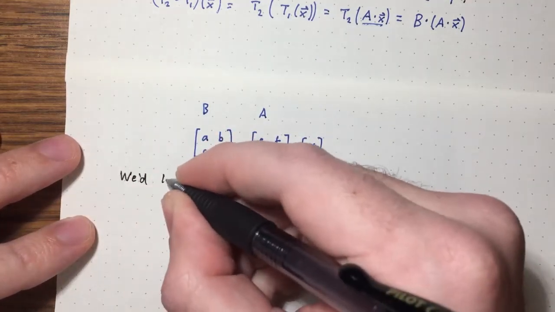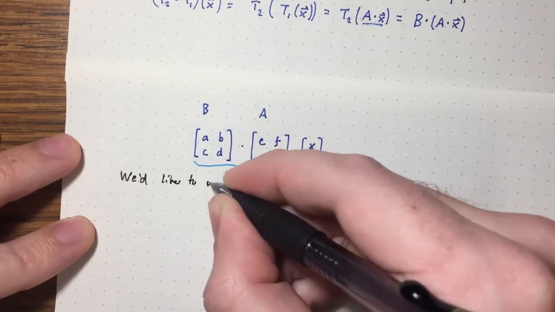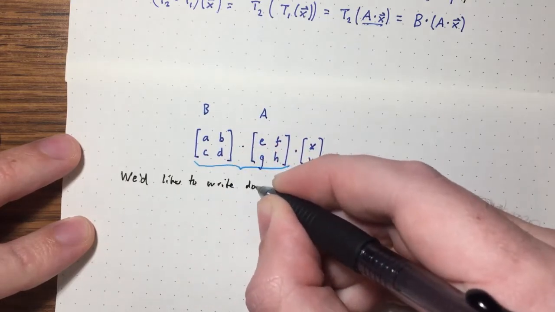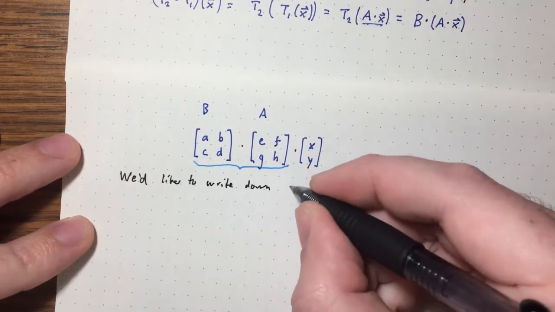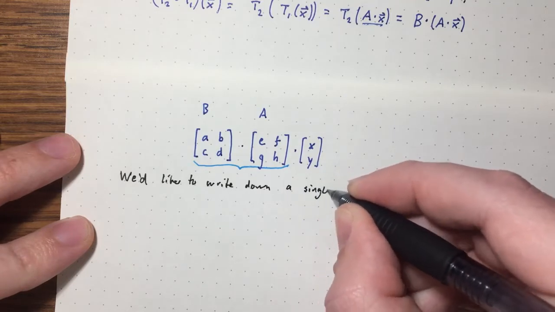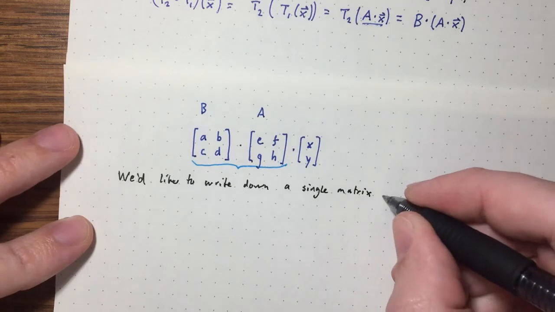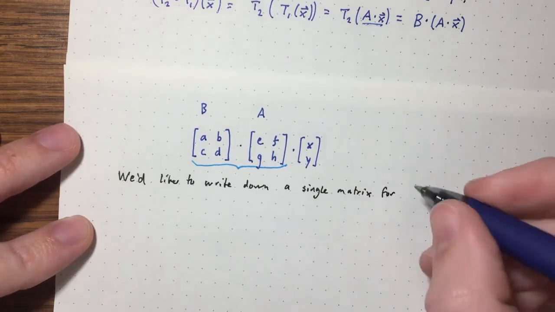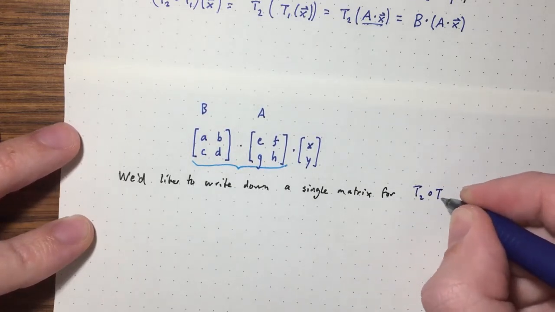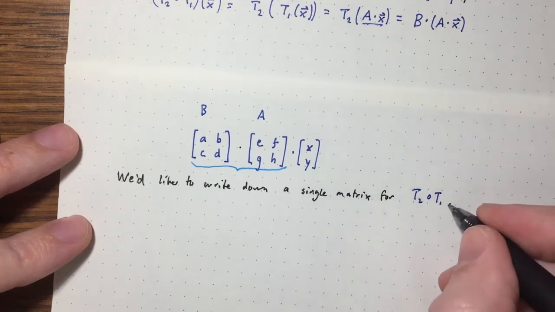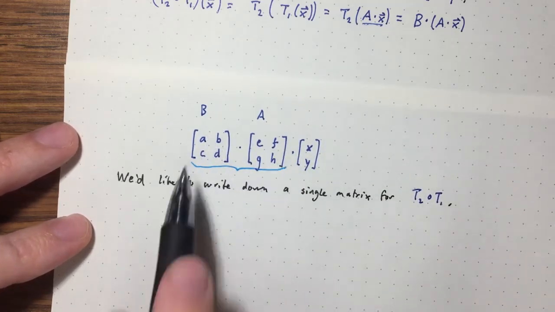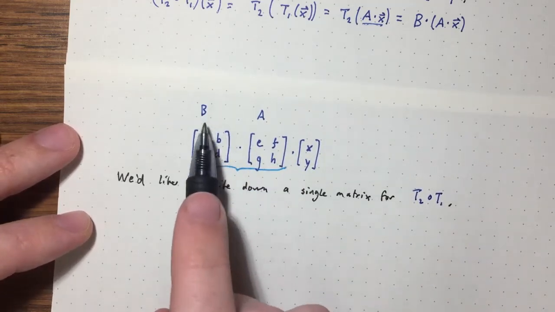We'd like to write down a single matrix for this linear transformation. And whatever that matrix is, that's how we'll define the product, because that matrix should be B times A.